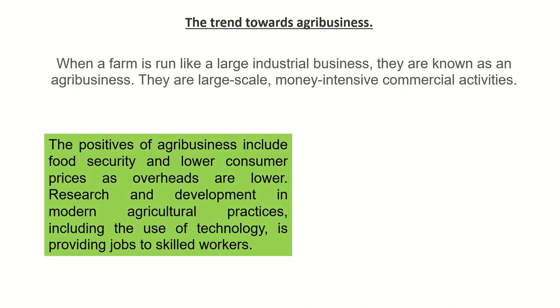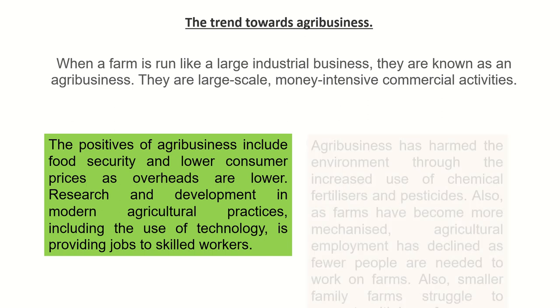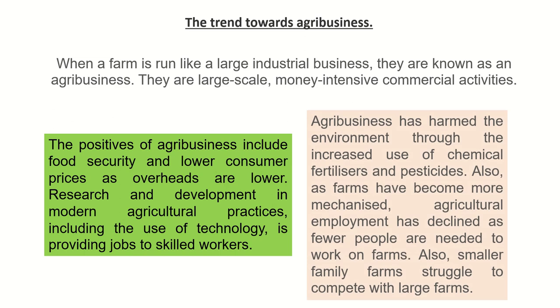The positives of this are it does help with food security and it actually lowers consumer prices. Prices for agribusiness are significantly lower than they are for small scale farming because they are more streamlined businesses. However, agribusiness has had a much larger impact on the environment, in particular the use of chemical pesticides and fertilizers, which can have harmful impacts on biodiversity.